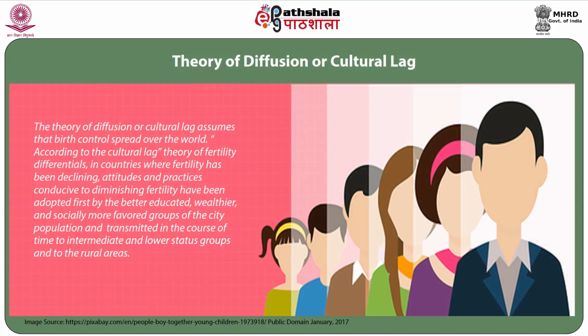The second theory is the theory of diffusion or cultural lag. The theory of diffusion or cultural lag explains how the concept of birth control spread over the world. In countries where fertility has been declining, attitudes and practices conducive to diminishing fertility were adopted first by the better educated, wealthier and socially more favored groups of the city population and transmitted in the course of time to intermediate and lower status groups and to the rural areas.